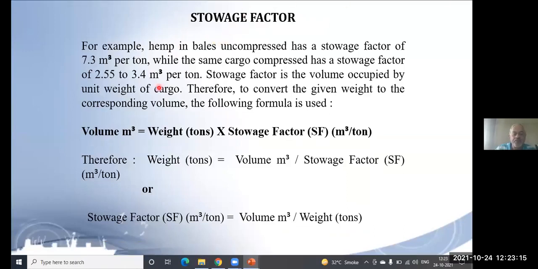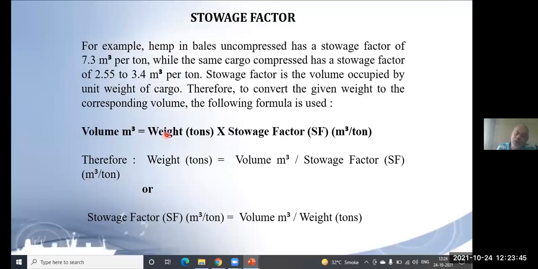And that is why the volume in meter cube of the ship's cargo hold, you divide by the stowage factor, will give you how many tons of cargo will come on the ship. You will be interested in how many tons of cargo you can load, rather than how much volume. Sometimes it may be full hatch, but weight is also required, because finally you have to know the draft.